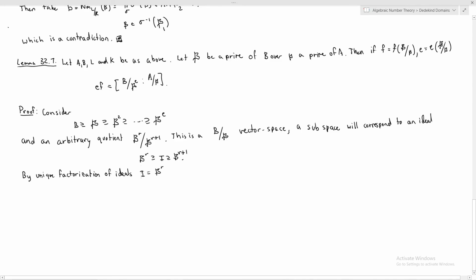By unique factorization of ideals, I is this guy, or I is P to the R plus 1. What does this tell us? It tells us that there are only 2 subspaces of this guy. There's a 0 subspace corresponding to this one, or the whole space corresponding to this one.